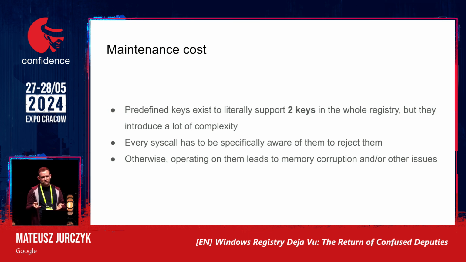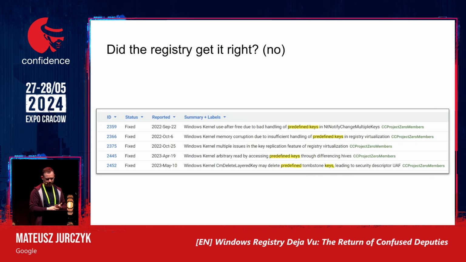So what's very important for security is that every system call in the system has to be specifically aware of this special type of key and reject it very early in the execution, so that it's not operated on deeper in the kernel. Otherwise, you get different kinds of security problems like memory corruption and stuff like that.